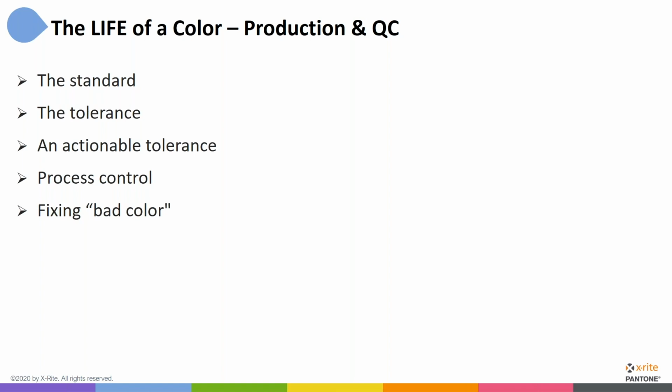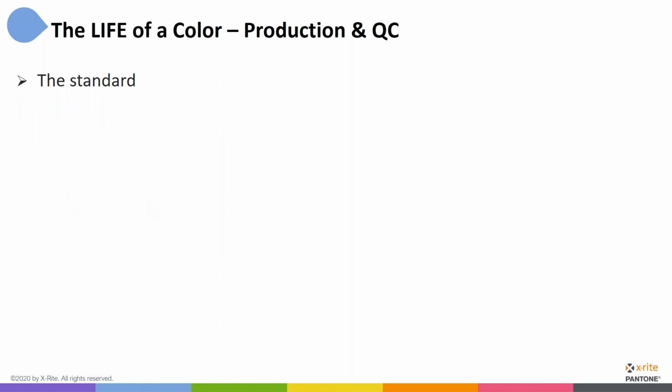So it's got to be something that ultimately the customer will accept, right? That tolerance must be defining that. And then we also want our tolerance to be actionable. We'll talk a little more about that. We're going to talk a bit about process control to help us understand why our color might be varying in production, and ultimately even talk really quickly about how to fix that bad color, that color that doesn't pass the tolerance.